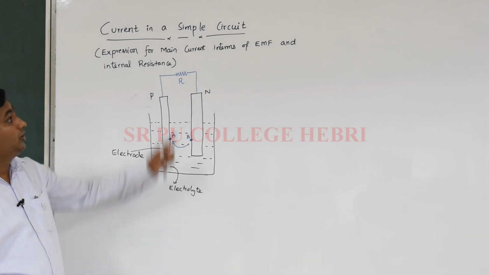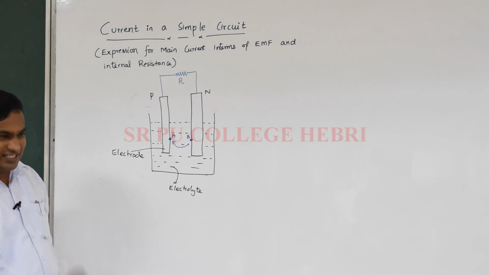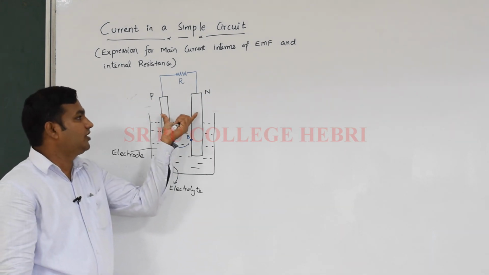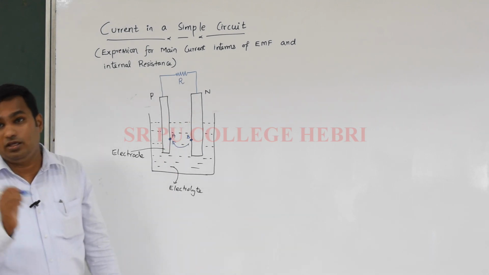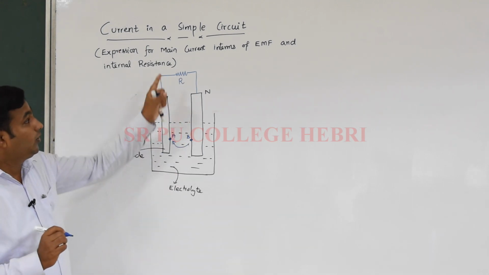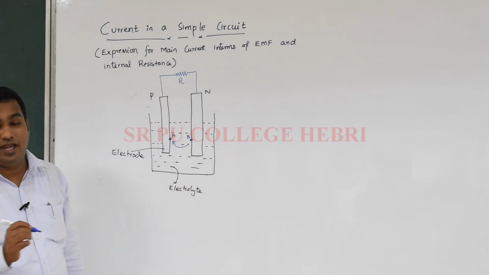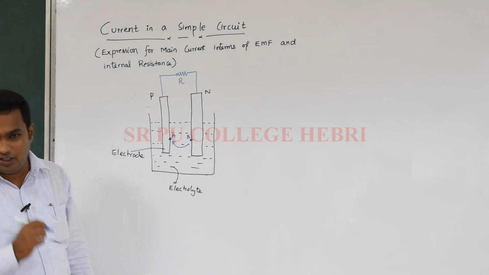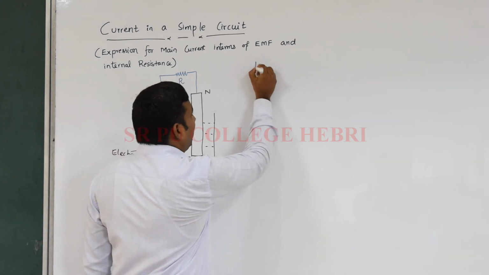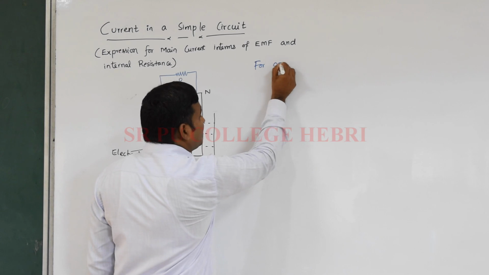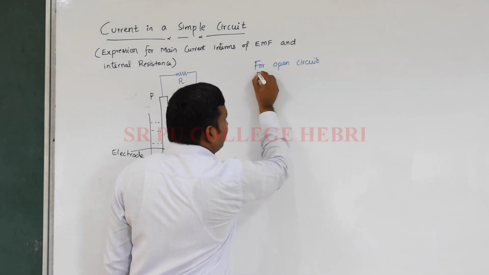Dear student, without this external resistor, I can clearly say that whatever the potential difference between the positive and negative electrode is itself called EMF. Remember, for an open circuit, the potential difference between P and N itself is called EMF. That's why you learned it clearly for an open circuit. Keep this point in your mind.